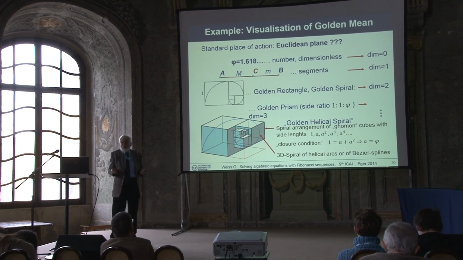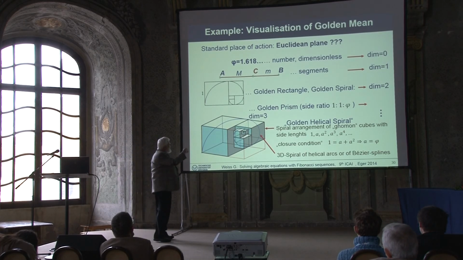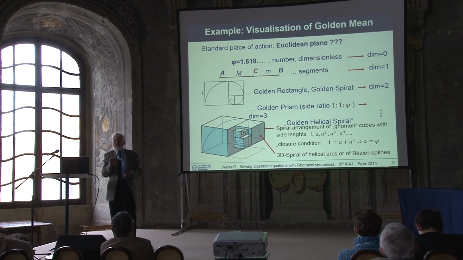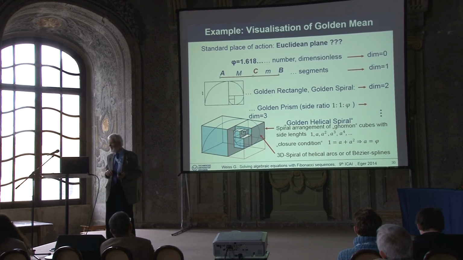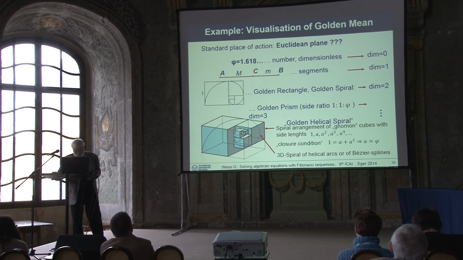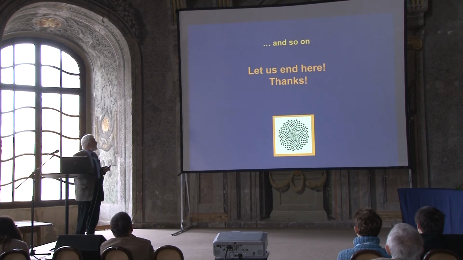You can take a golden prism too, and it's in fact possible to make a spiral there also, which is a C1 continuous spiral consisting of helical arcs. A very, very nice object, which I think should be considered too. You can use also these Bézier splines or whatever. And so on and so on.